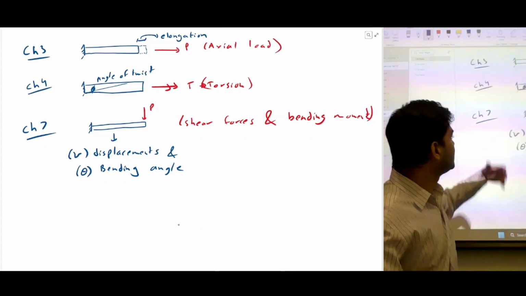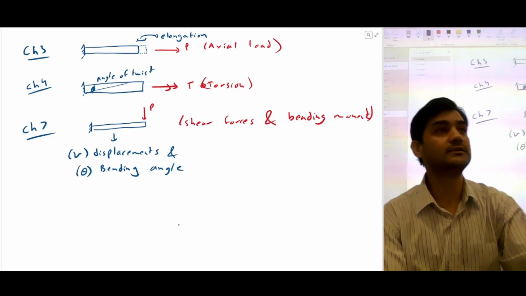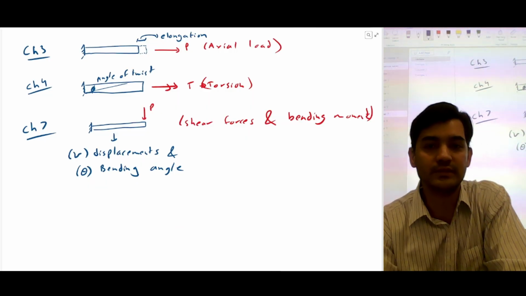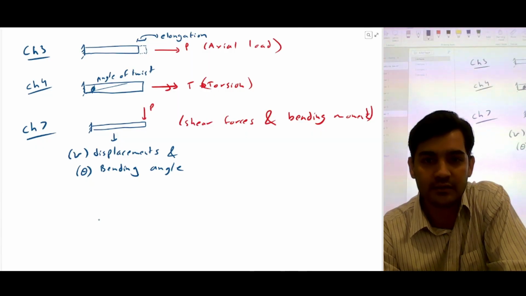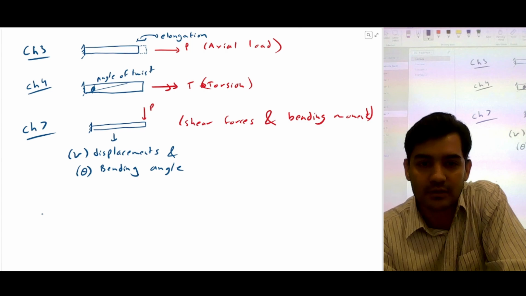So to explain further, I'm gonna just draw two simple cases where you have shear forces and bending moments, and we'll see how it affects the deformation of the member.